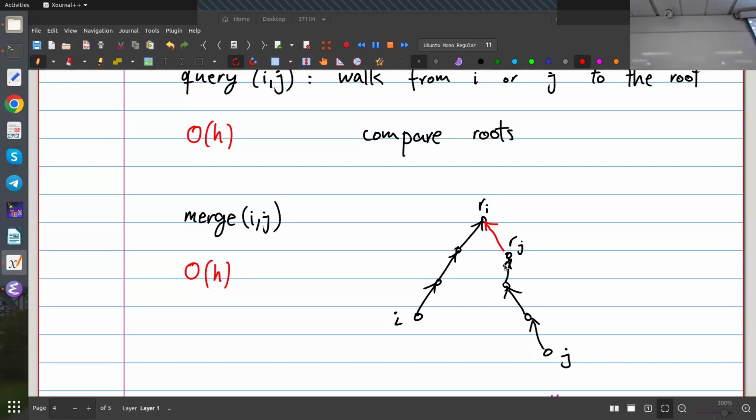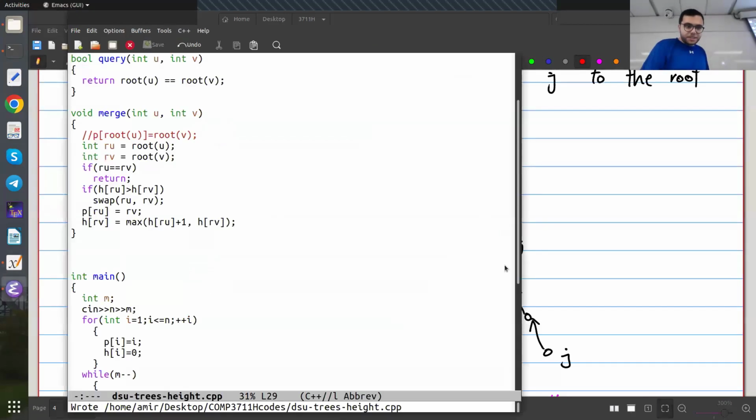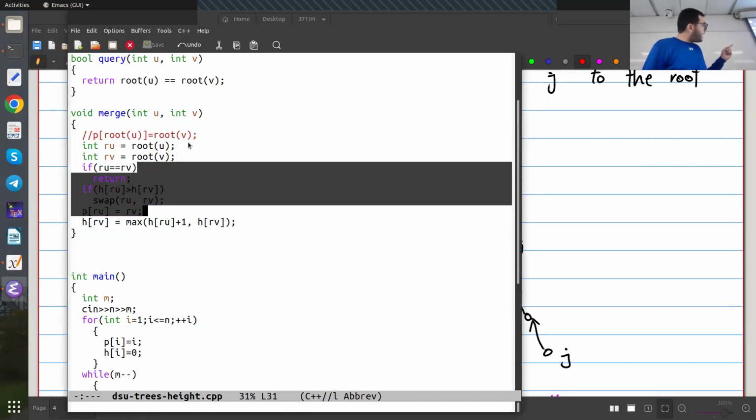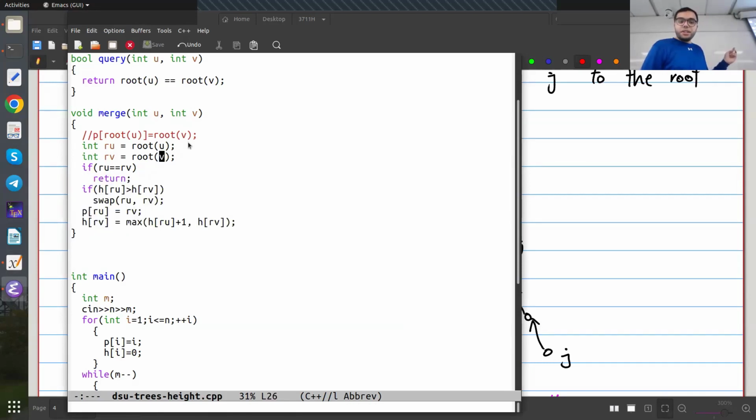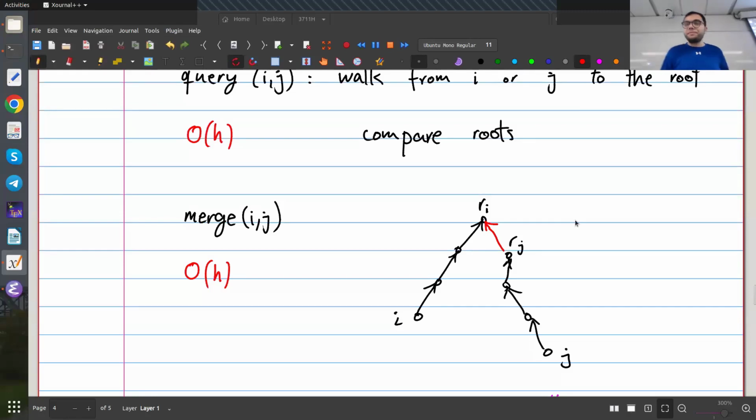So this is good for us because now I don't really care how many elements I have in my set. As long as I can find the root fast, if someone gives me the root, I can merge in O(1), right? So this is the problem here. When I'm doing the merging, if I already knew the roots, everything after this is O(1). So the only thing that I have to optimize is the height of my tree.